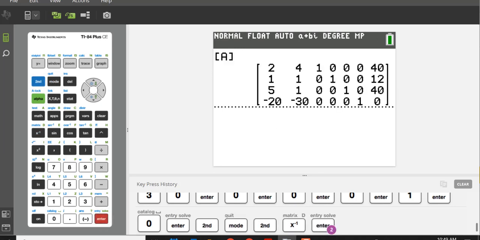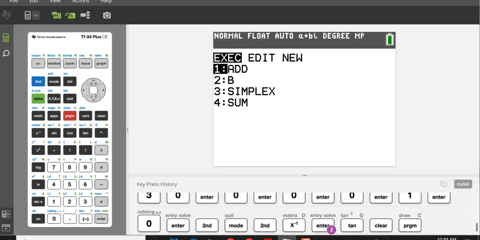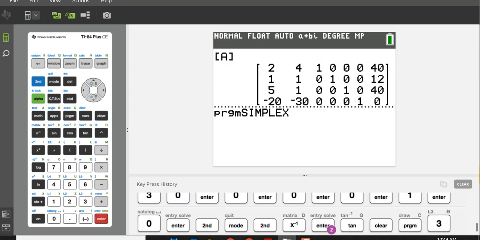Does that look right? Yes. All right. Once I push this program to you, you're going to hit Program Simplex and hit Enter.